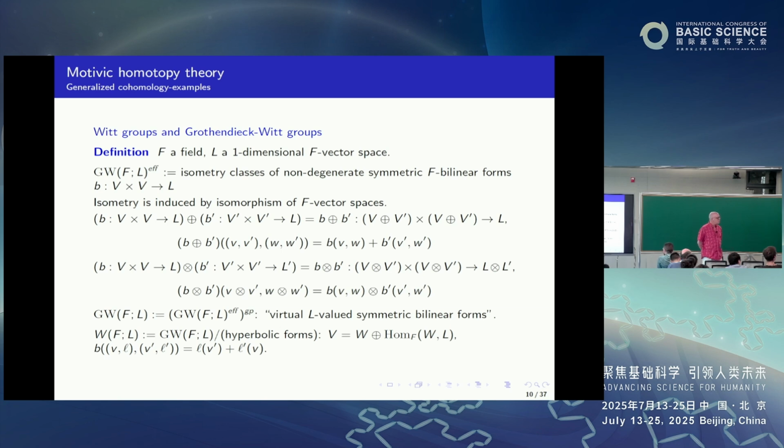You have two operations. You have a sum operation, which is the obvious way of adding symmetric bilinear forms. In terms of matrices, it's just the block addition of matrices. And you also have a product, which is induced by tensor product of vector spaces. The tensor product bilinear form on a pair of tensors is just the product of the values of the bilinear forms on the individual components.